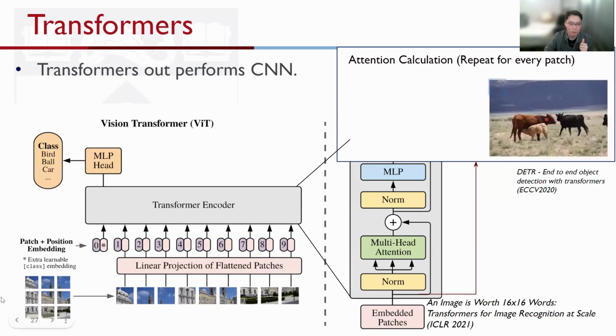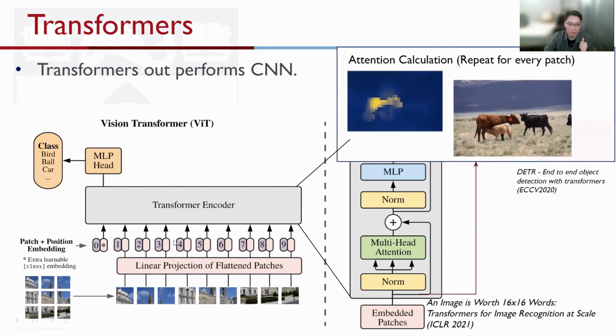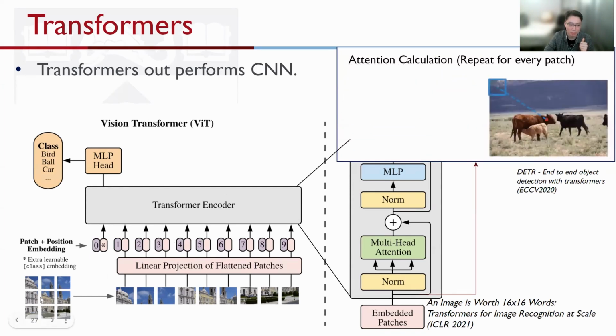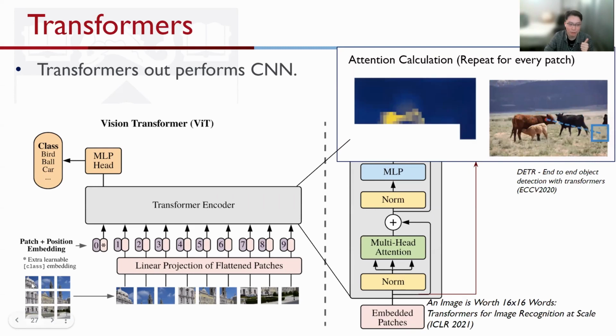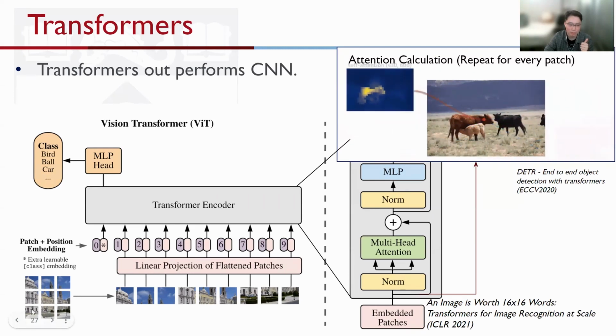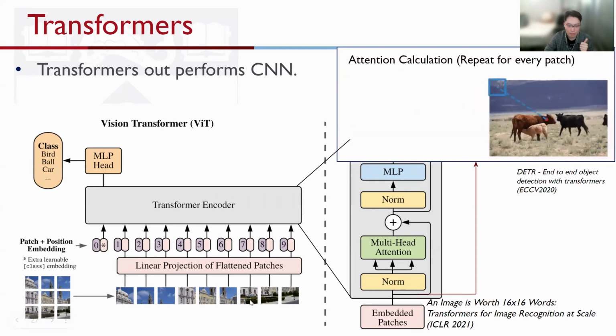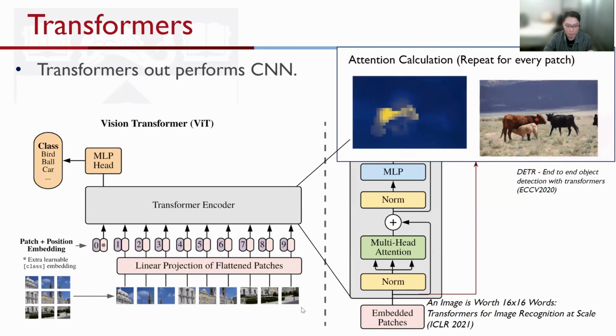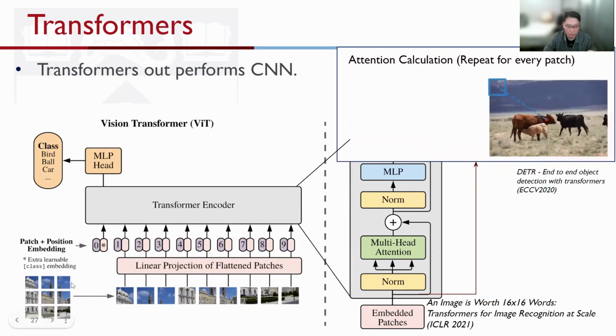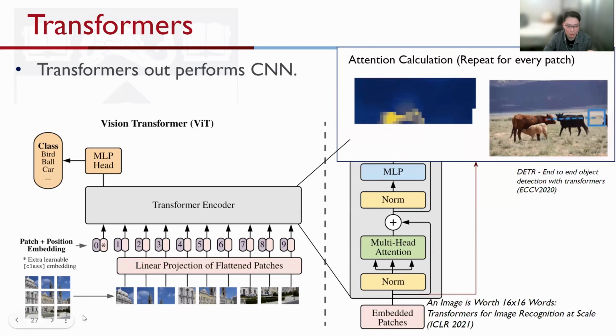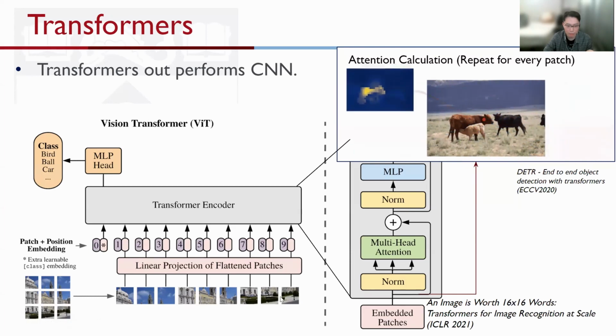When it applies to the computer vision field, for example in this paper, it's the same thing as in YOLO, where you split the image into different patches. Each patch, you consider as a word in a sentence. So if the image is a sentence, then each patch is a word.